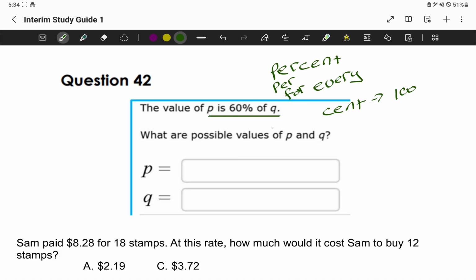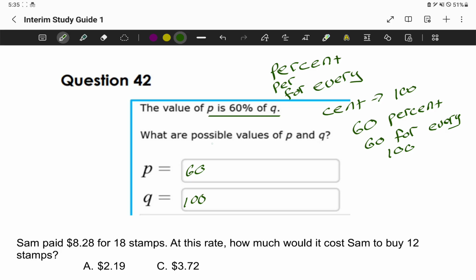So 60% means 60 for every 100. So, 60 and 100. That's the easiest answer to give.